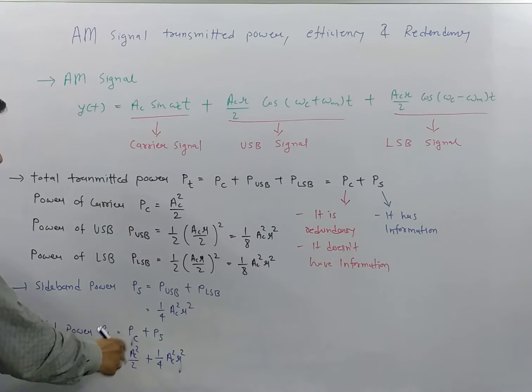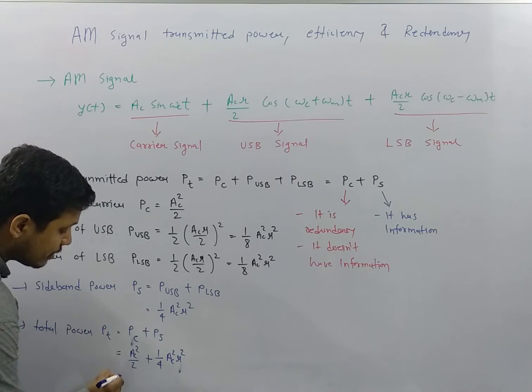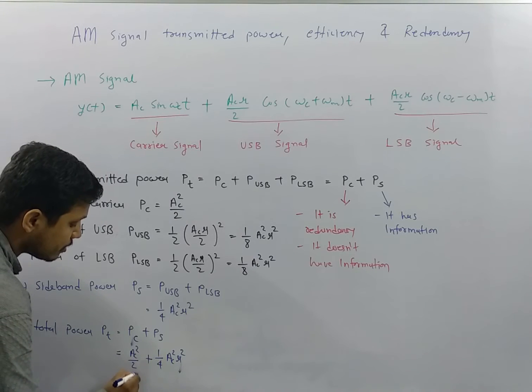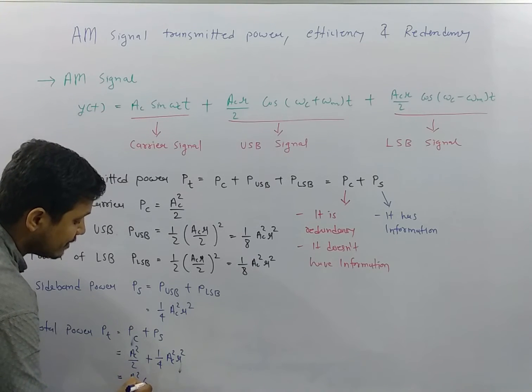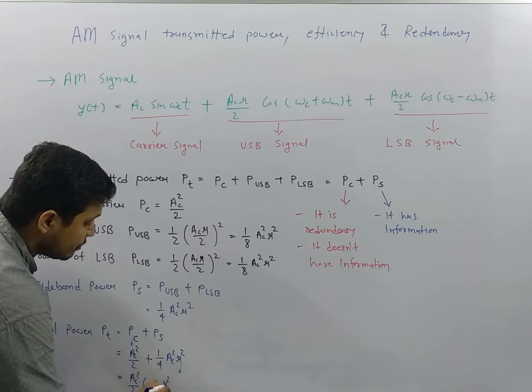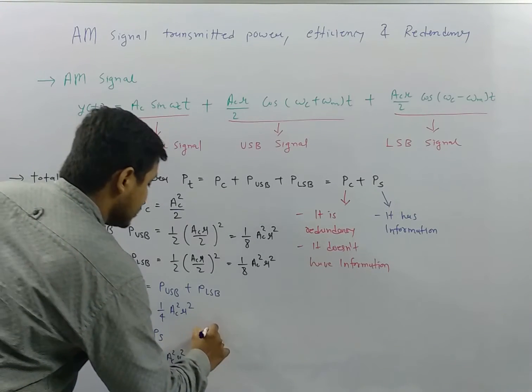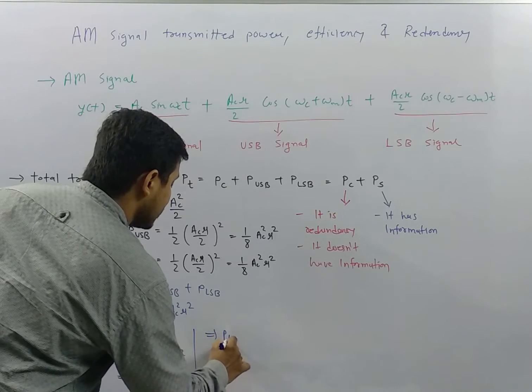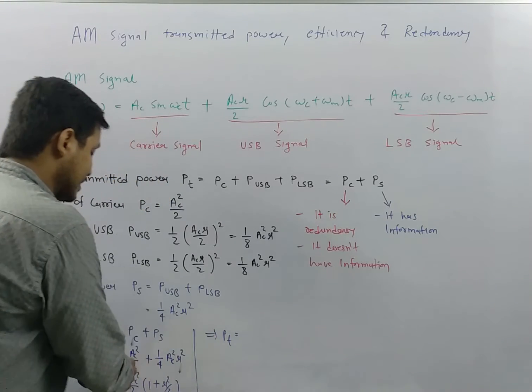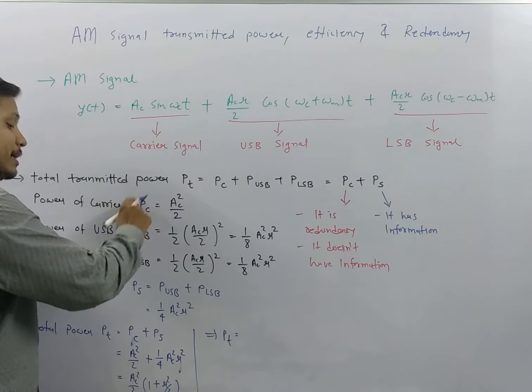So if you take AC square by 2 common, that will be 1 plus mu square by 2. So it means this transmitted power PT, that is AC square by 2, that is carrier power.